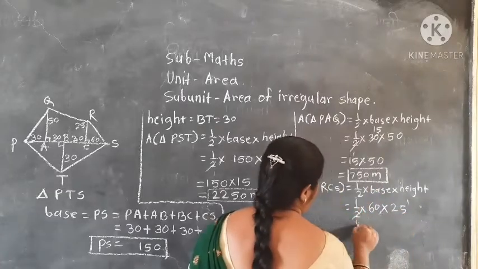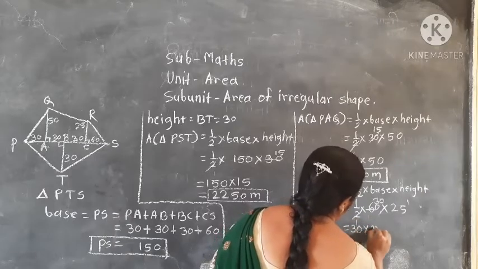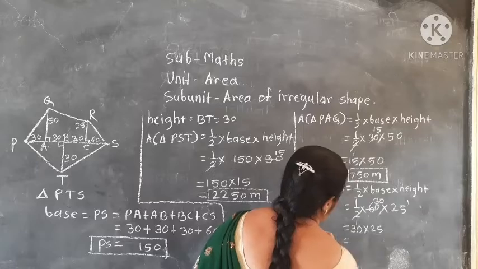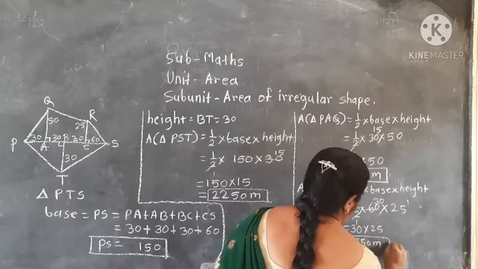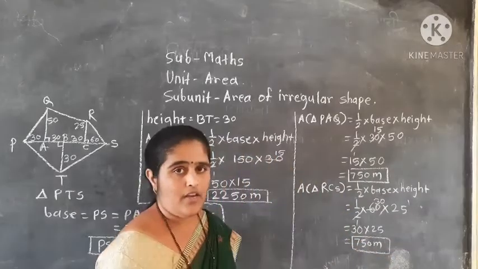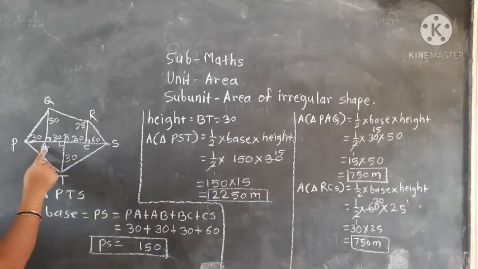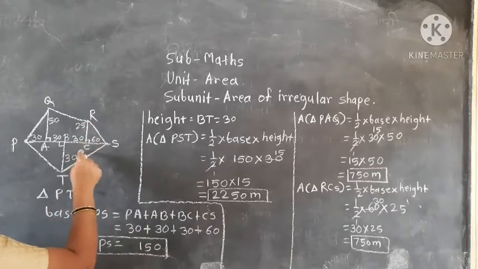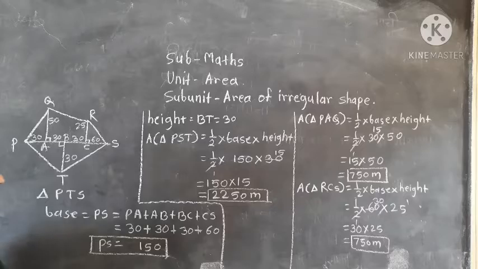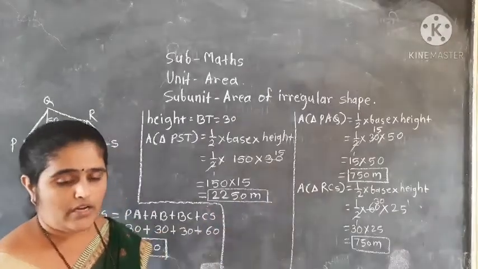Let's divide 60 by 2. Answer is 30. Remaining values are 30 into 25. Answer is 750 meter. So the area of triangle PAQ is 750 meter, the area of triangle RCS is 750 meter, and the area of triangle PTS is 2250 meter.